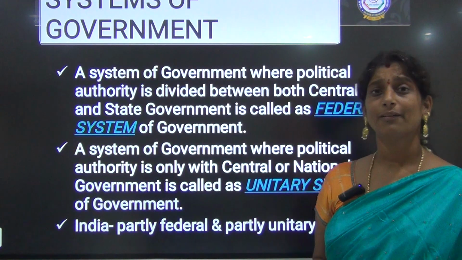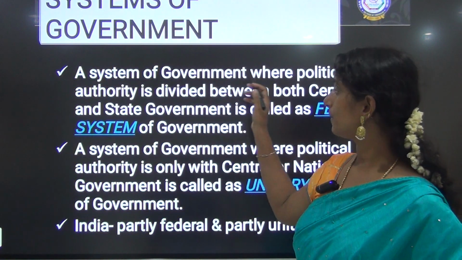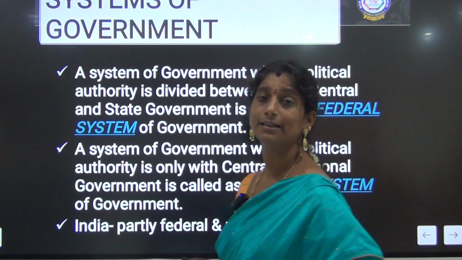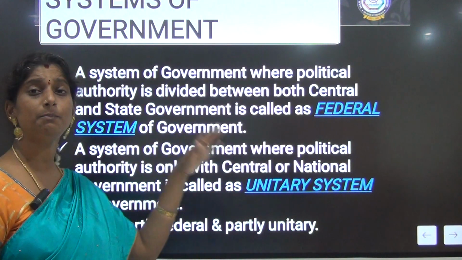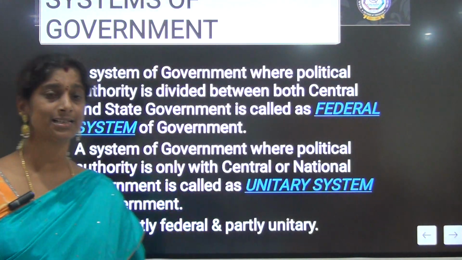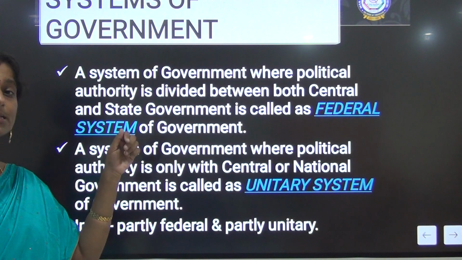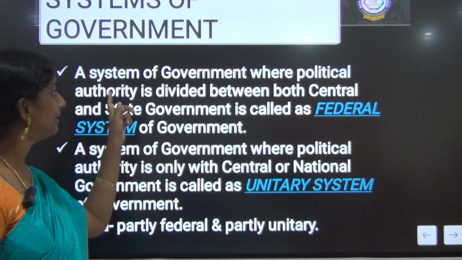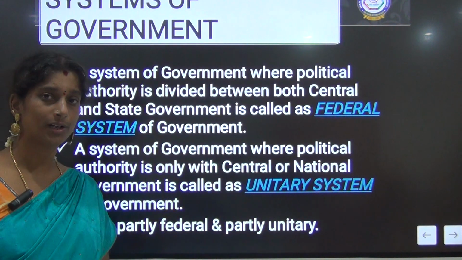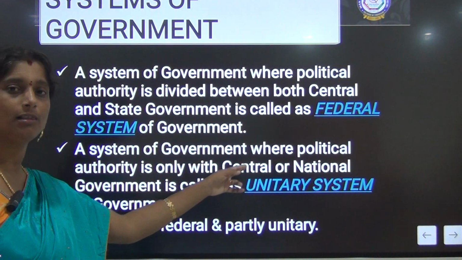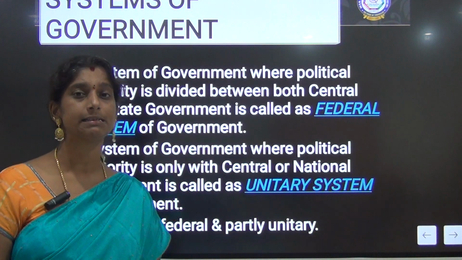So there are various systems of government also. So the system where the political authority, that is the control of the state, is divided between both central and state, then it is called as federal system of government. Okay, so the same way if the political authority is controlled by only one authority, that is the central or the national government, then it is called as unitary system of government.